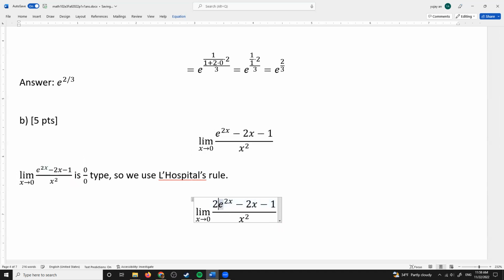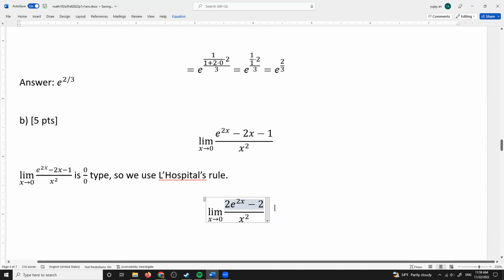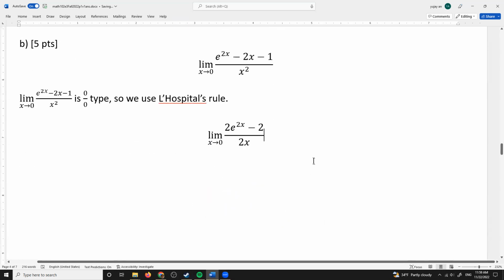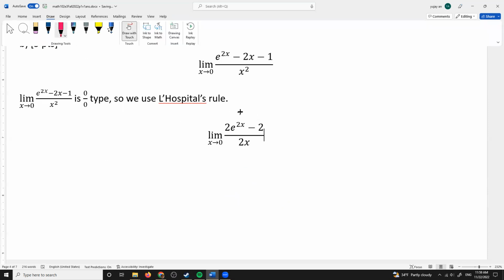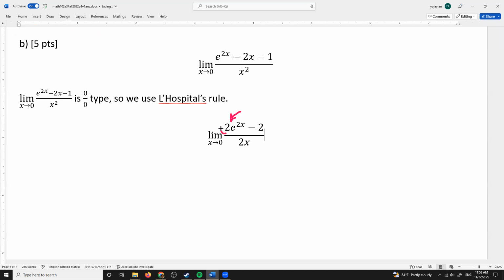If you differentiate, 2 comes out. 2x differentiates to 2, and minus 1 is a constant, so that goes away. It's 2x. Okay, and I was surprised that a few people forgot this 2 right here, which again is from the chain rule.